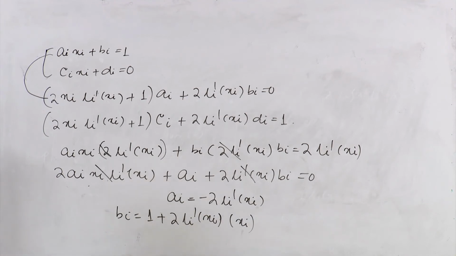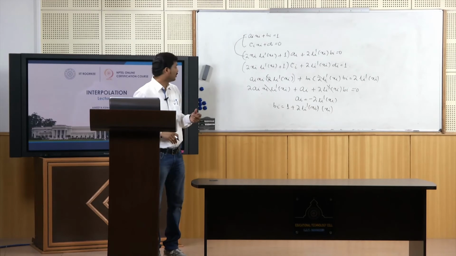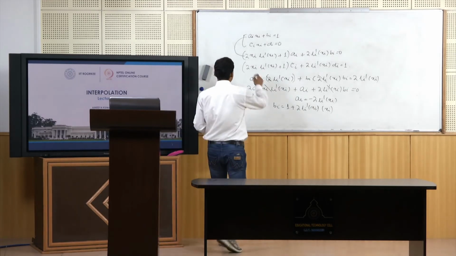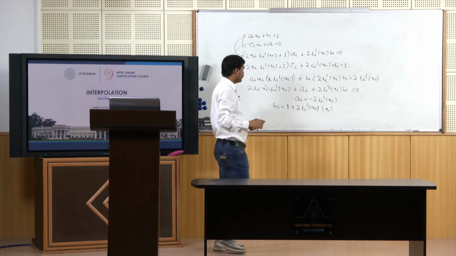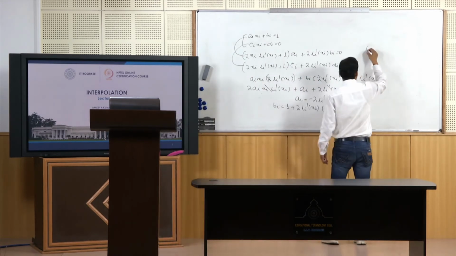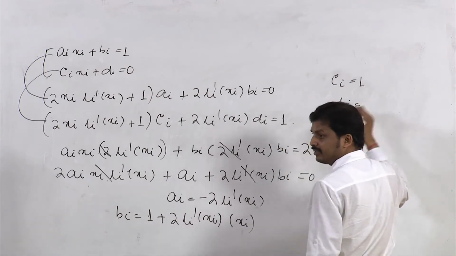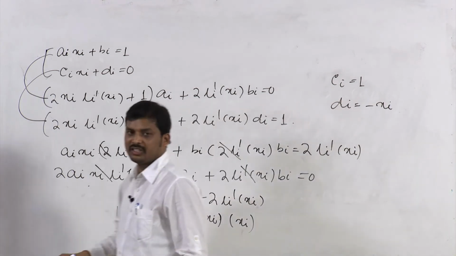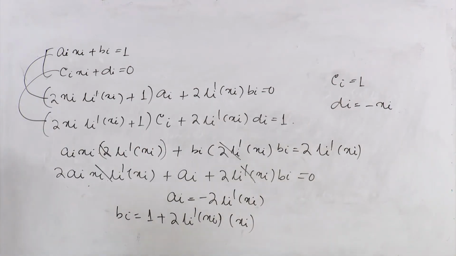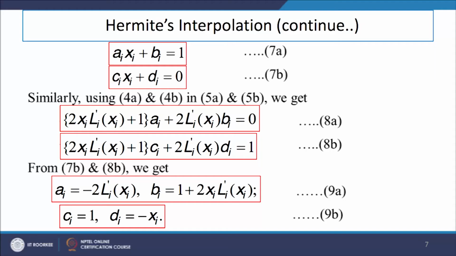Similarly, if we eliminate ci and di from these two equations, we can obtain ci as x minus xi... and di as minus xi. So with just a simple multiplication, we can find the coefficients ai and bi and ci and di from these 4 equations.